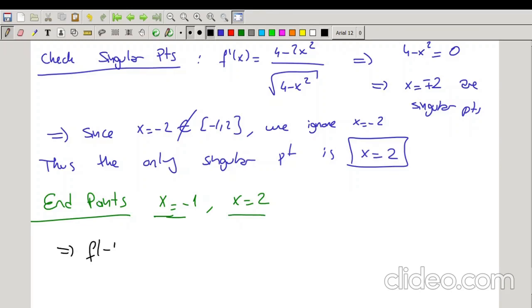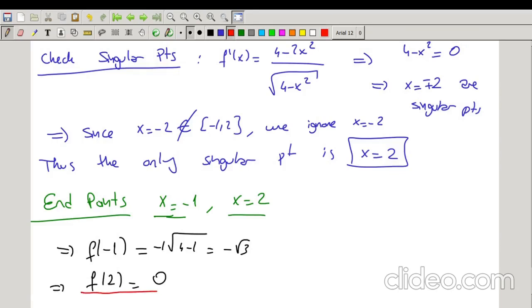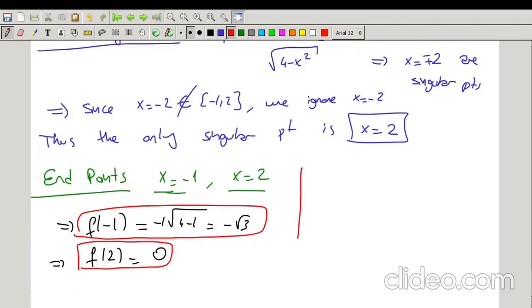f of minus 1 is equal to, if you put in minus 1, we have minus 1 times square root of 4 minus 1, which is equal to minus square root of 3. If you put f of 2, you have 0. Okay, 2 values already we have, and moreover these are endpoints. Critical points, what was the critical point of us?